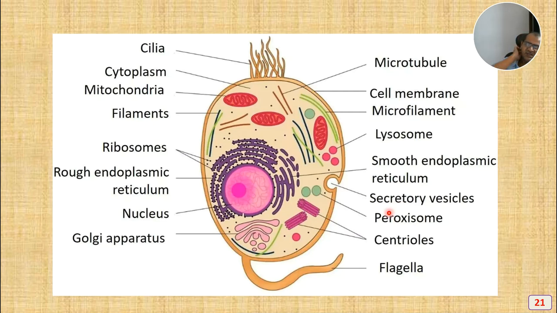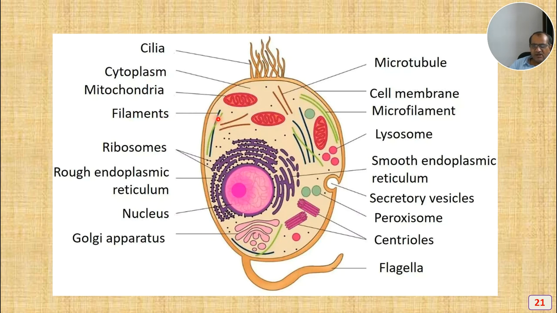So here is an animal cell. Usually the structures are adhering very near to the cell membrane. Sometimes cilia are also there, especially in some of the animal cells, but the free-flowing animal cells only contain cilia and flagella. Whereas all other cells contain the cytoplasm. Cytoplasm is a jelly-like substance containing all the intracellular organelles like the mitochondria, the powerhouse of the cell, and some filaments.